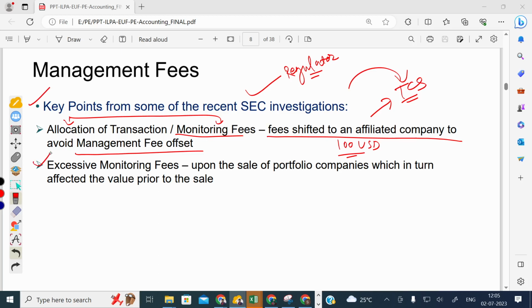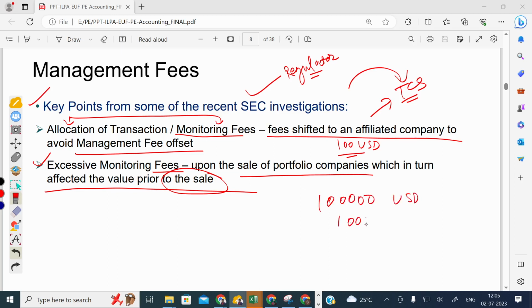All right. Another point, excessive monitoring fees. Excessive means high monitoring fees upon the sale of portfolio companies, which in turn affects the value prior to the sale. So if you see excess monitoring fees at the time of sale, then of course you can offset, or your sale amount will be affected. Let's say the investment sale amount is 1 lakh USD and monitoring fees is 1000 USD.